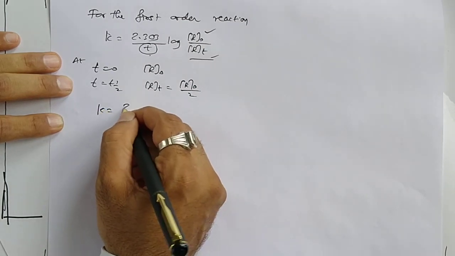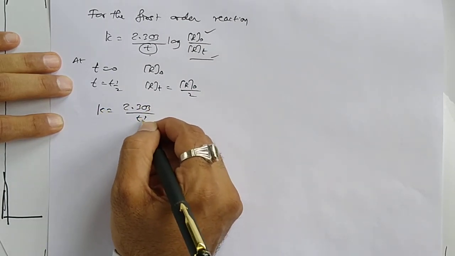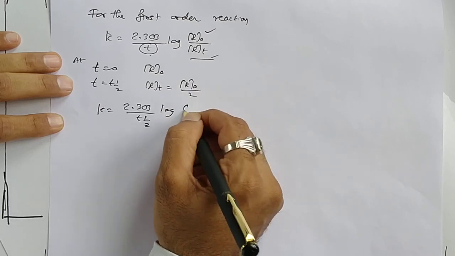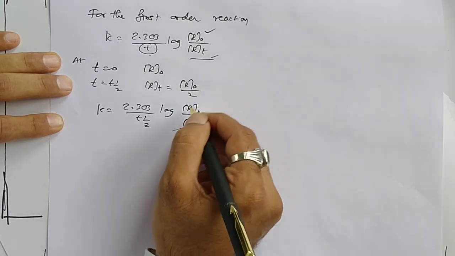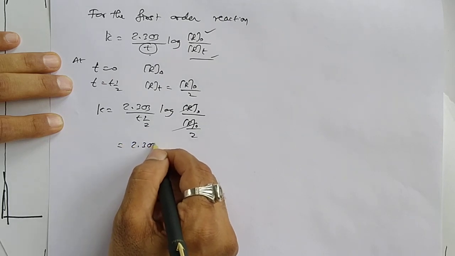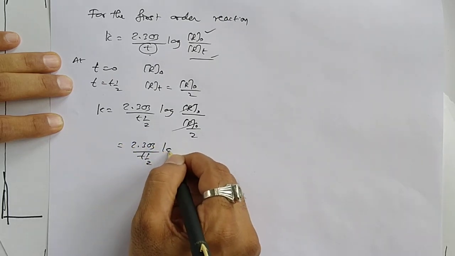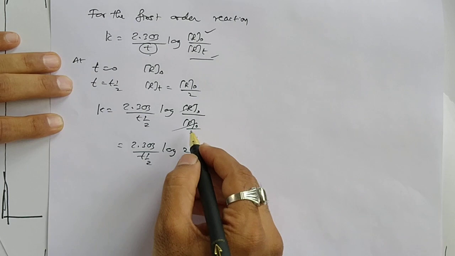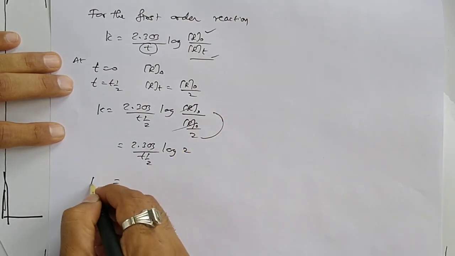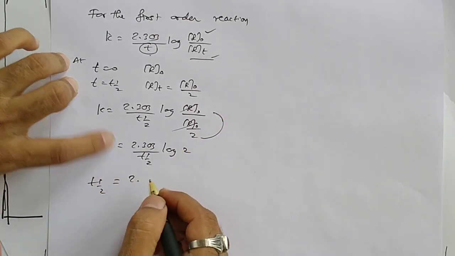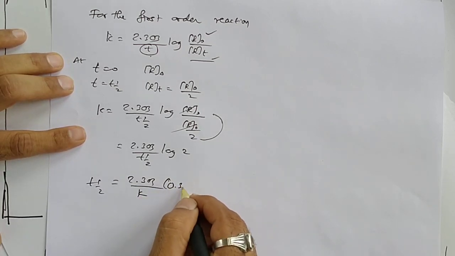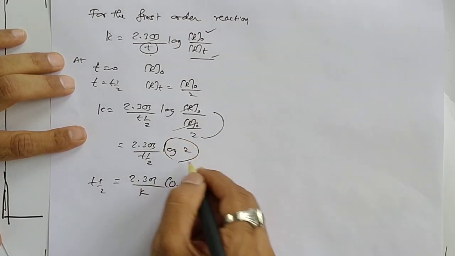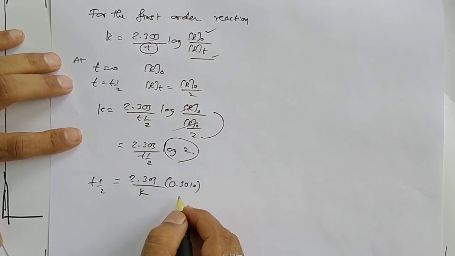So K is equal to 2.303 upon T1/2 log R0 by R0 by 2, R0 cuts, and 2 comes up. Now T1/2 is 2.303 upon K times log 2. Everybody knows the value of log 2 is 0.3010.